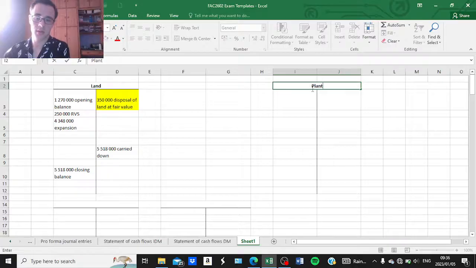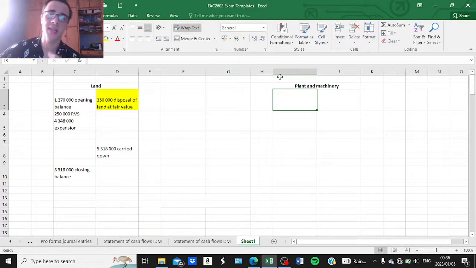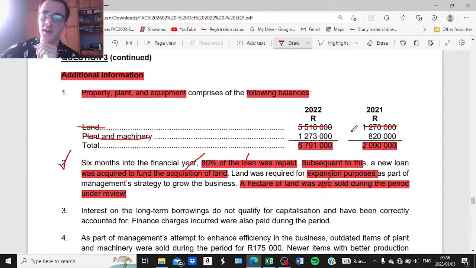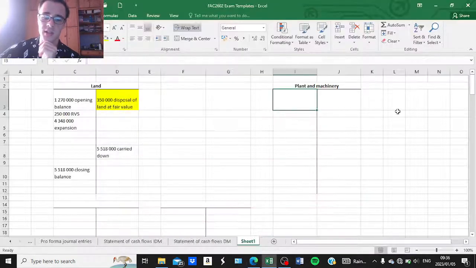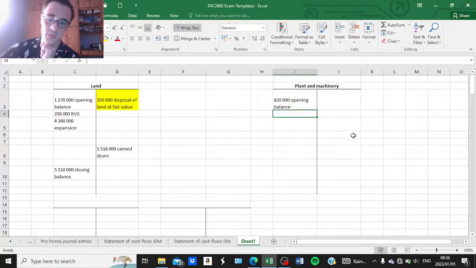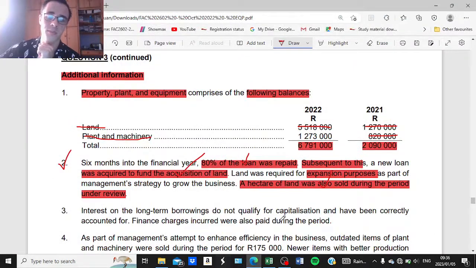Plant and machinery. We will follow the exact same process as with the land general ledger account. We will start with the opening balance provided, which was 820,000. Also a debit balance, because it is an asset. It represents an expected inflow of economic benefits in the future. So this is the opening balance for plant and machinery, carried down from the previous period.